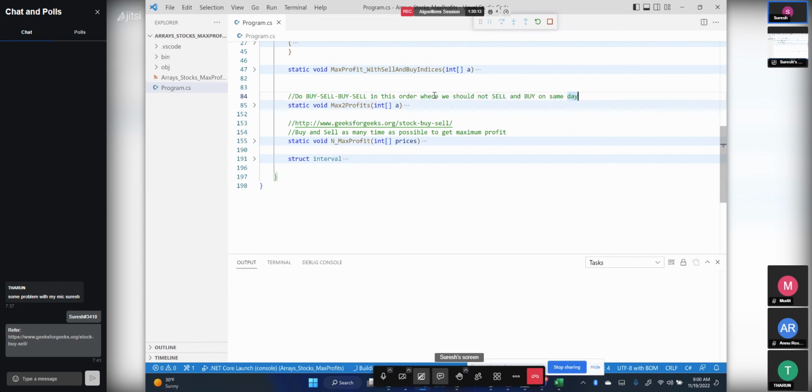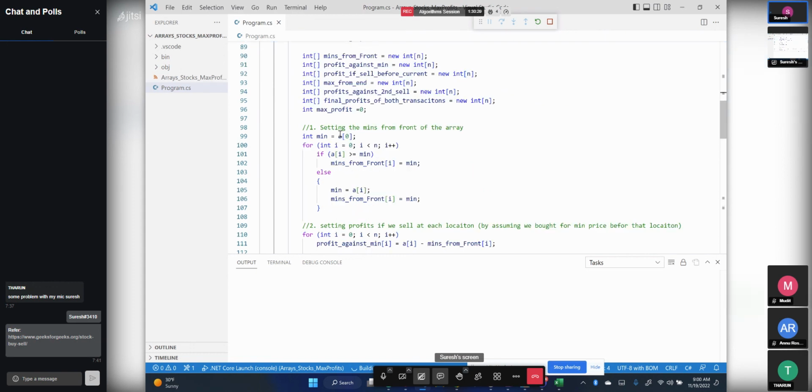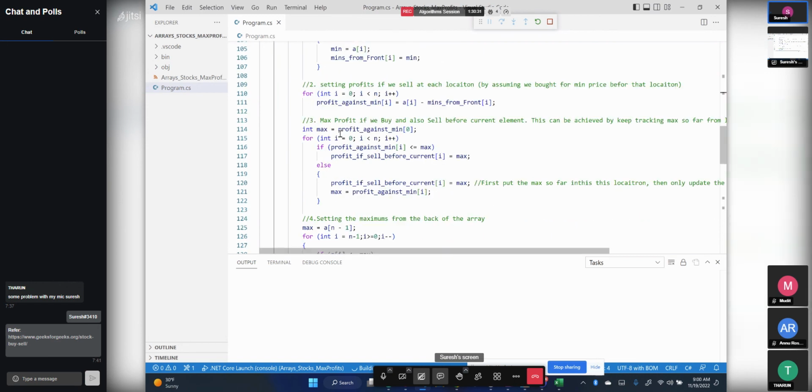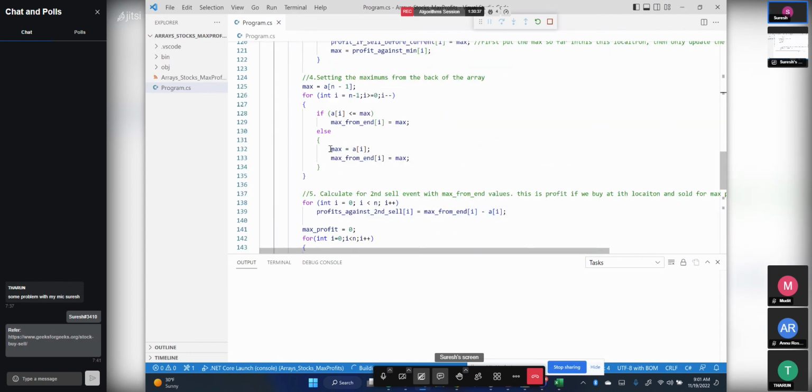Basically, you cannot sell two times or buy two times on the same day. So how can we do this? It's a very step by step procedure. If you still have time and interest, you can do this. It's complicated. See how many steps we have.